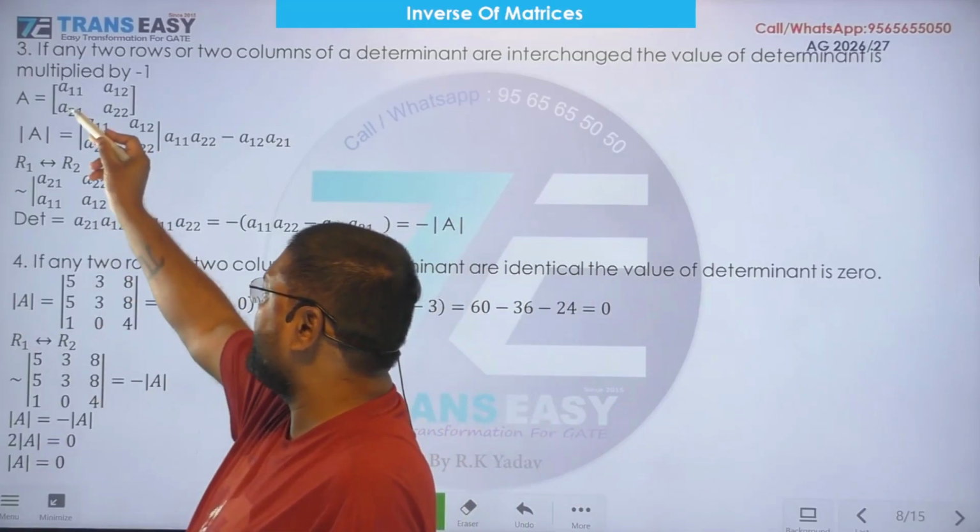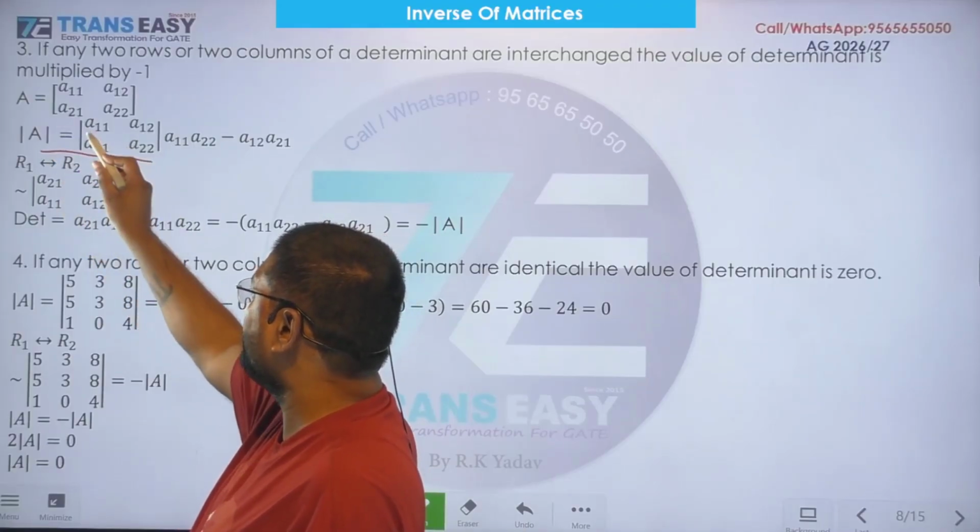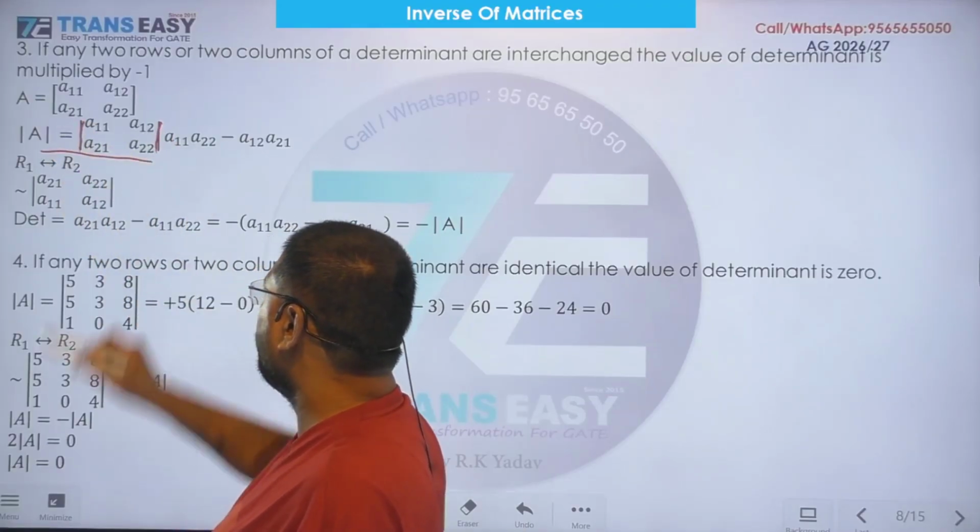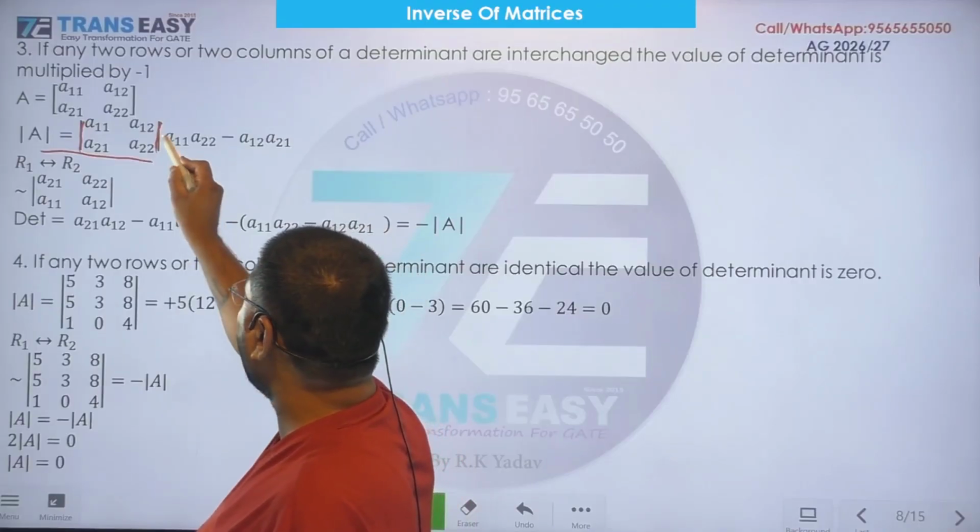This is a matrix and this is its determinant, right? And this is its value.